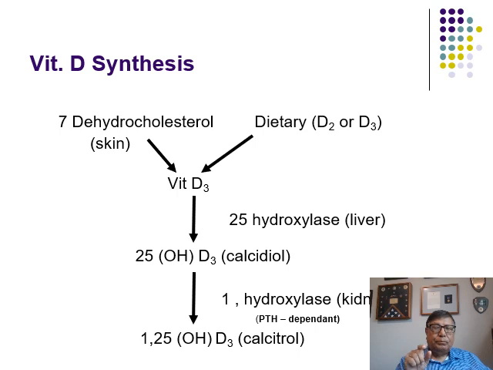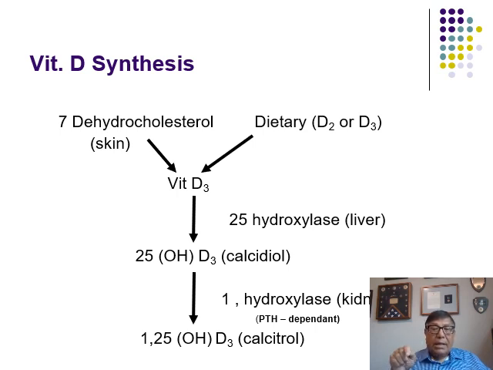We do know the source of vitamin D is from food and also from skin. 7-dehydrocholesterol, with the effect of ultraviolet radiation, becomes provitamin D, and that goes to the liver.